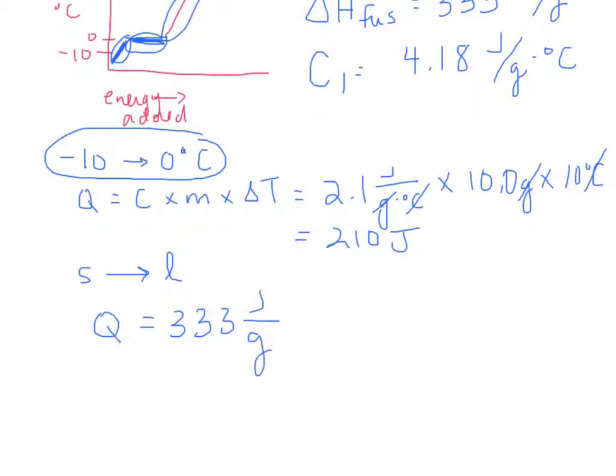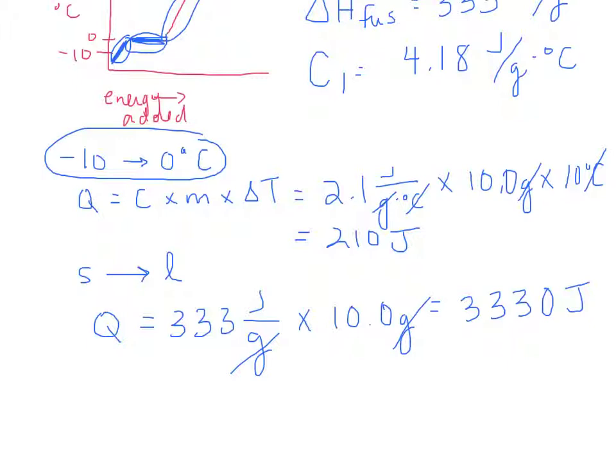It's very similar to our specific heat equation, except because there are no degrees Celsius down here, we don't have to multiply it by a temperature, we just have to multiply it by the mass. And the mass stays the same. So our grams cancel out, and we're left with 3,330 joules.